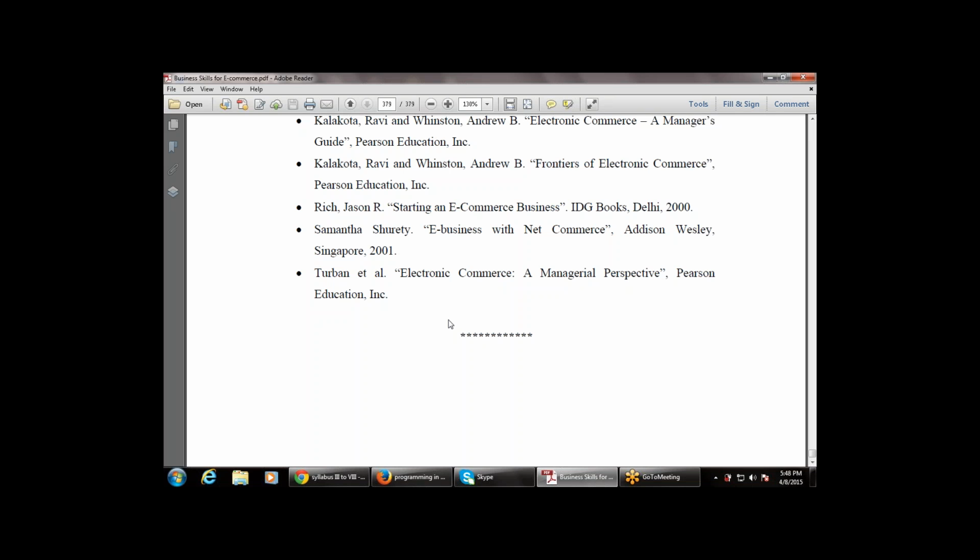Okay, you want to see the replacement part. Yeah, there is one module known as e-commerce strategy. That will be replaced, because we have already studied e-commerce.